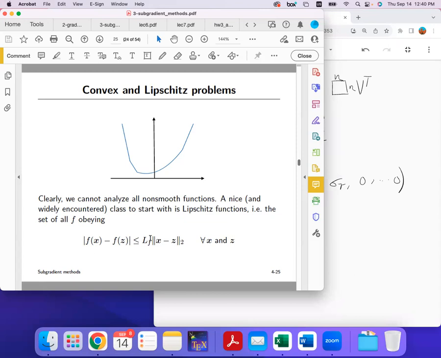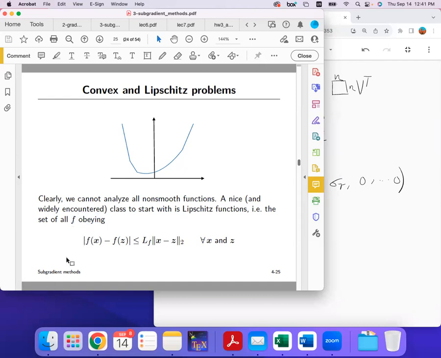Before we start analyzing this algorithm, we need to specify our function class. Because now the function is not differentiable anymore, we no longer talk about gradients, and we will not have those smoothness conditions that we introduced for gradient methods. So here we consider the class of Lipschitz continuous functions.